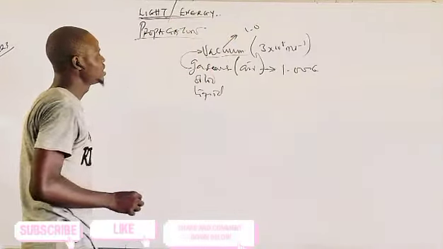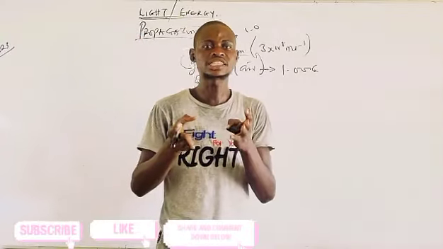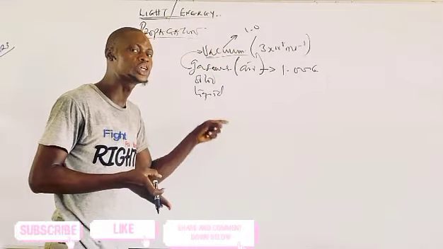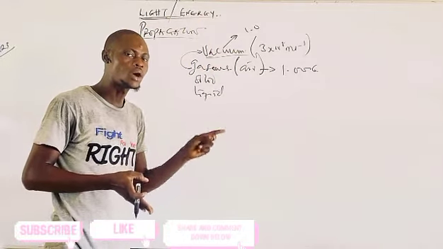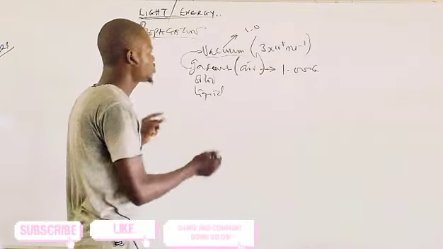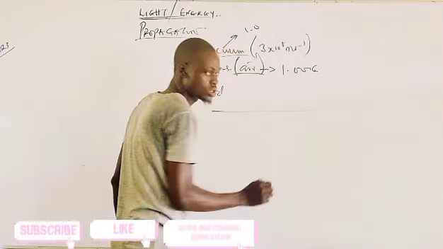So we said light can travel in a straight line as long as it remains in a medium of uniform density. If light is traveling in air, it continues to move along a straight line.